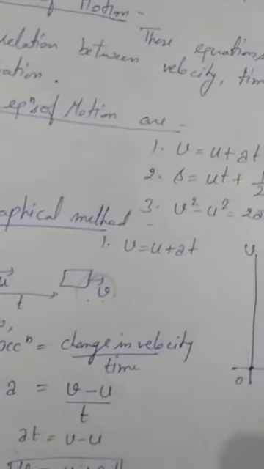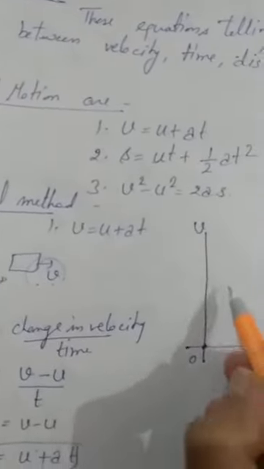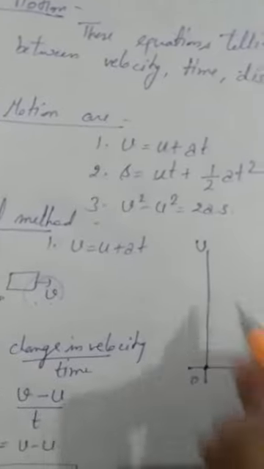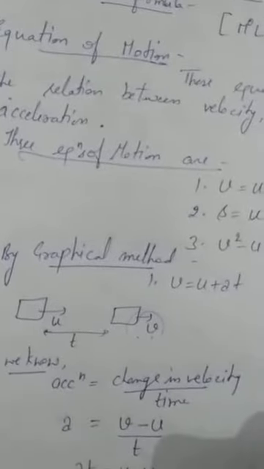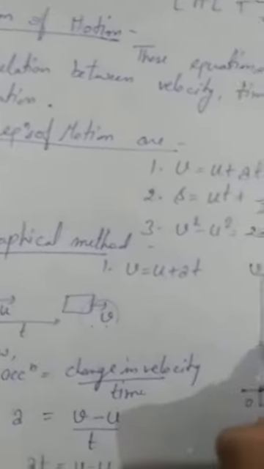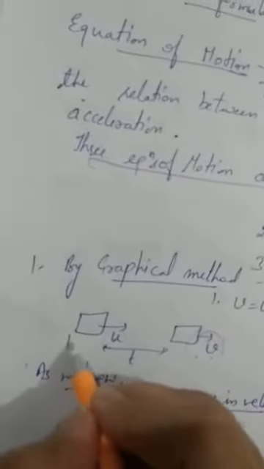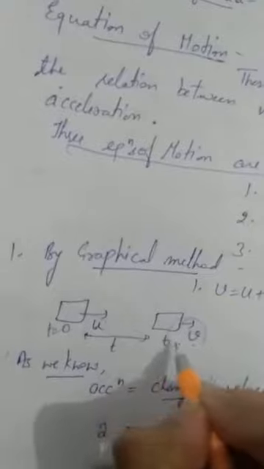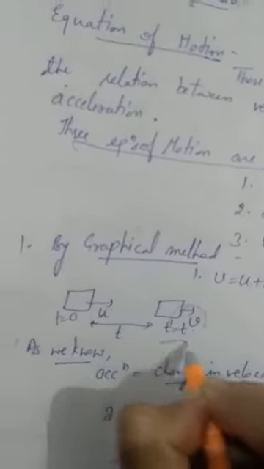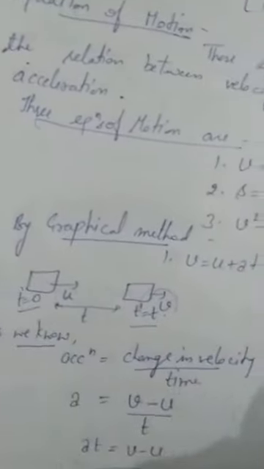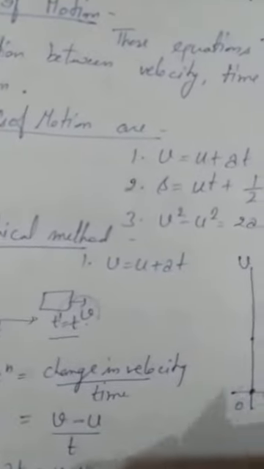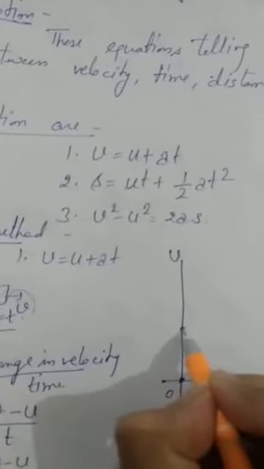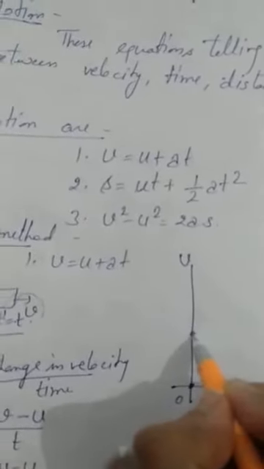Clear? If there is an initial velocity, now we will draw this on the graph. If the initial velocity of an object is U, here time equals 0 and here time equals t. Initially, as time equals 0, the velocity equals u.